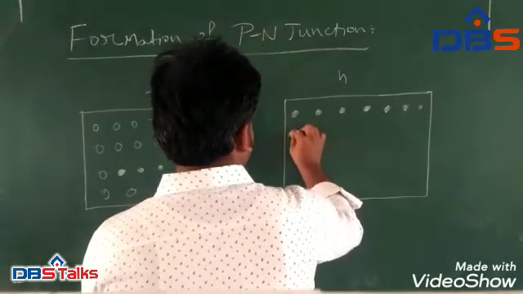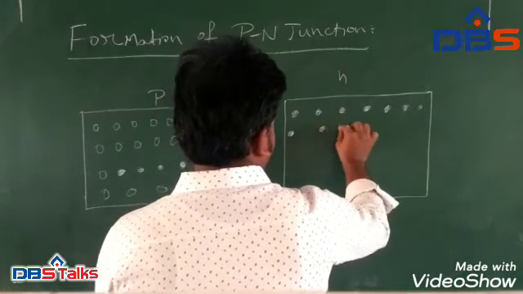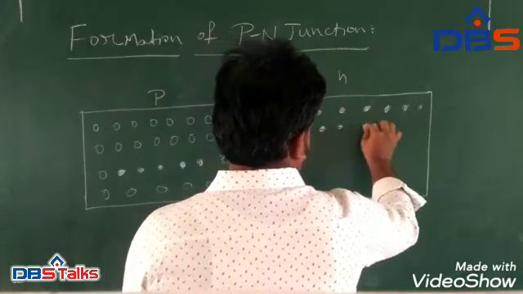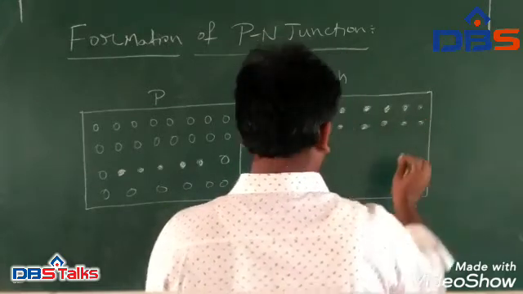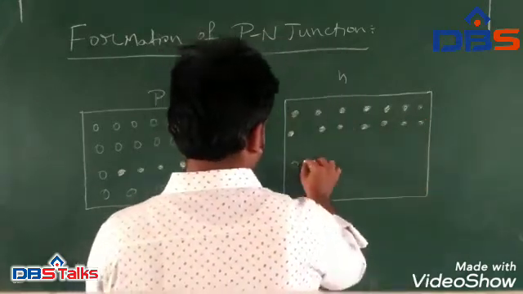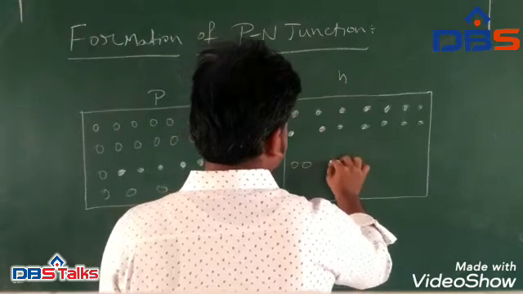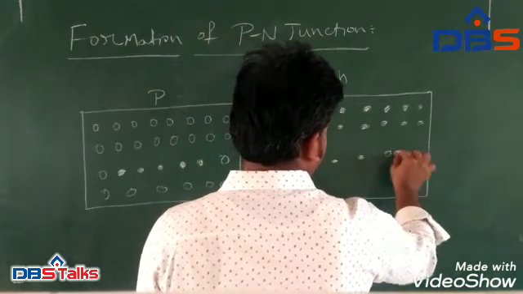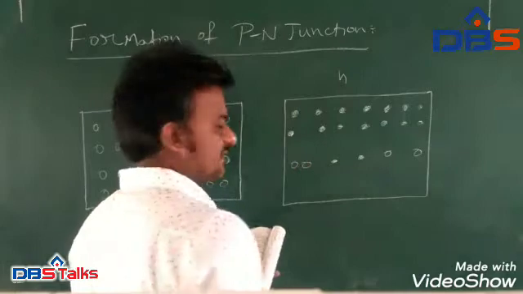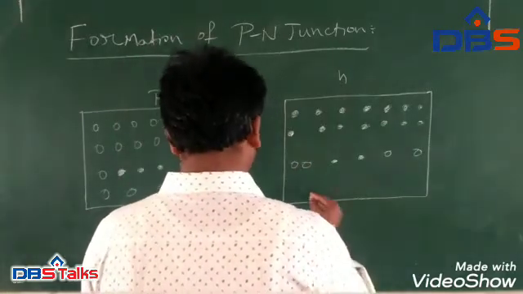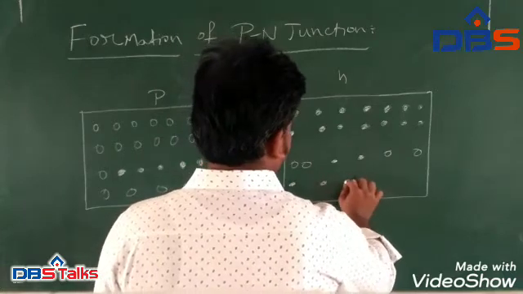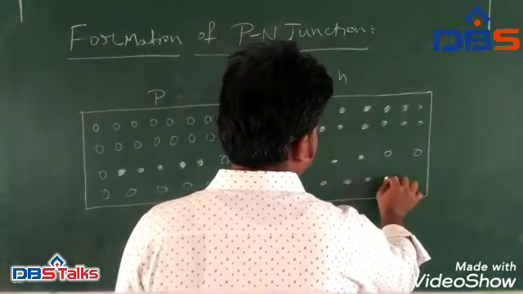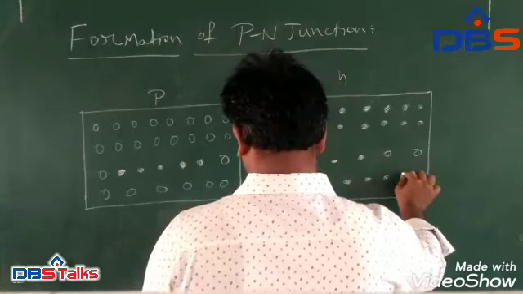The minority carriers are holes. In some places minority carriers, holes, may exist, and the remaining places will be occupied by the majority carriers, electrons.